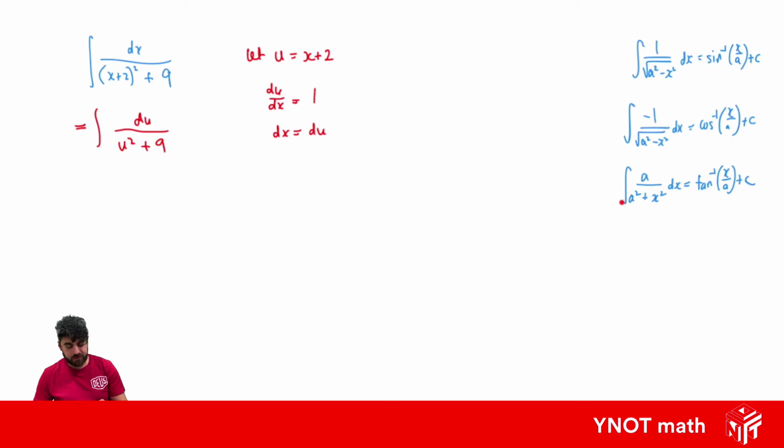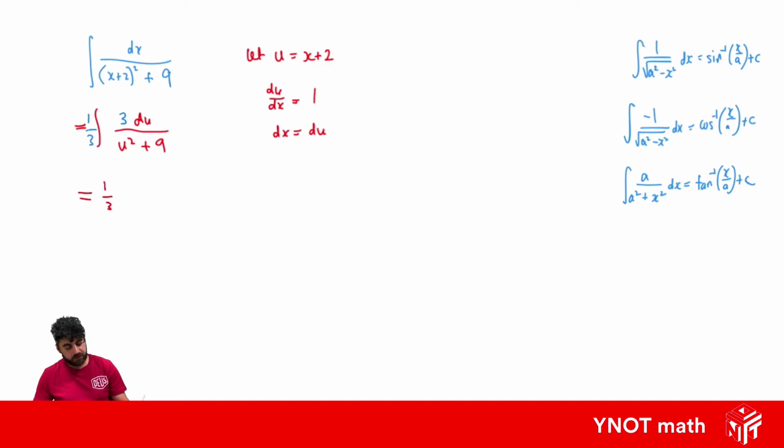The only difference is that we need a in the numerator if we have a squared in the denominator. So our a squared is 9, which means our a needs to be 3. So we need a 3 in the numerator. We can easily multiply by a factor of 3 as long as we then divide by a factor of 3 outside the integral. And this is now in the correct form where we can apply the integral.